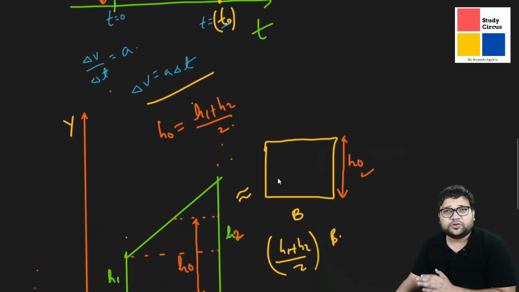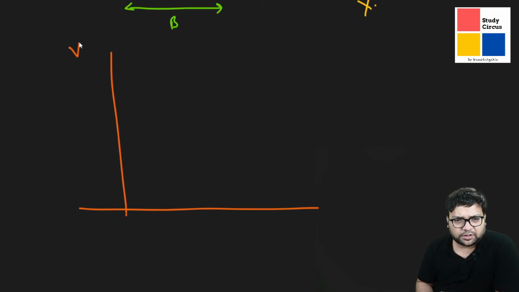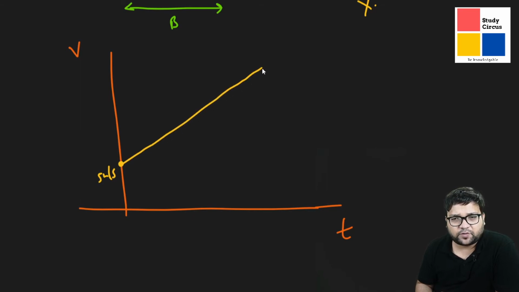So in the case of uniformly accelerated motion also, what happened? The speed versus time graph, if it is given, let's say initially it had some speed already, let's say 5 meters per second, and then the speed increased in a straight line uniformly and became, let's say, 13 meters per second, and the time interval is, let's say, 4.